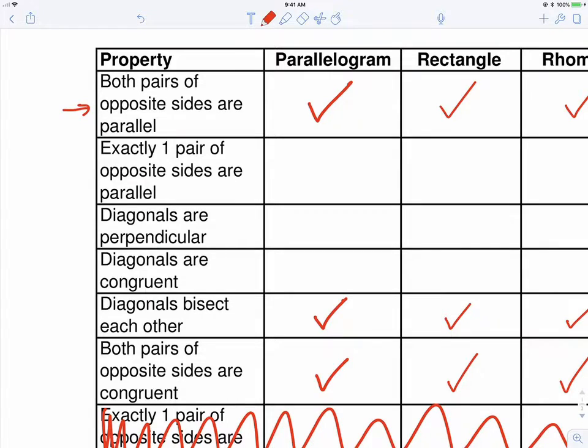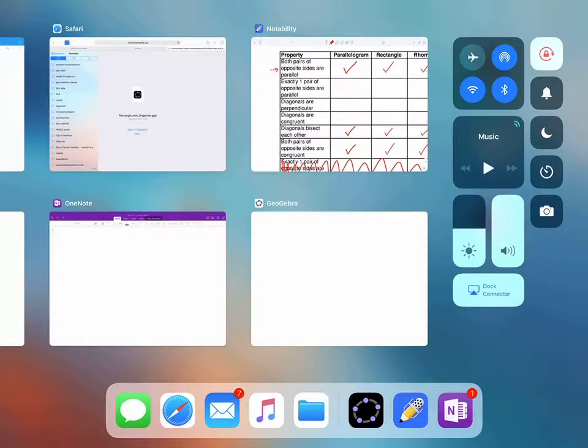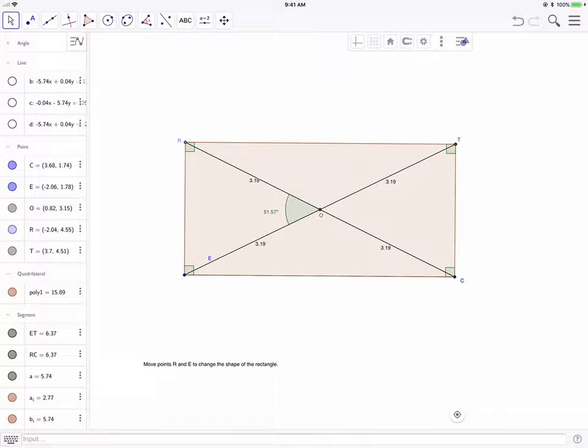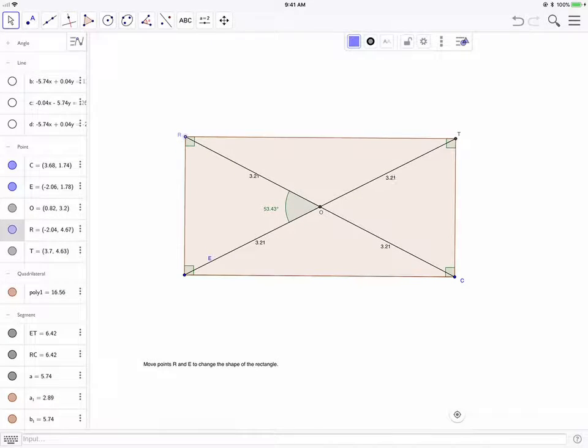So for rectangle, I do not fill in diagonals are perpendicular. Diagonals are congruent. Let's take a look at whether the diagonals are congruent. You can see here from this picture that there's 3.19 units and 3.19 units to make up the entire length of one diagonal. Let's make it a better number. There we go, 3.2.